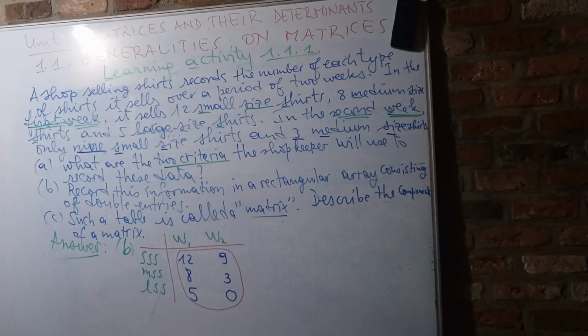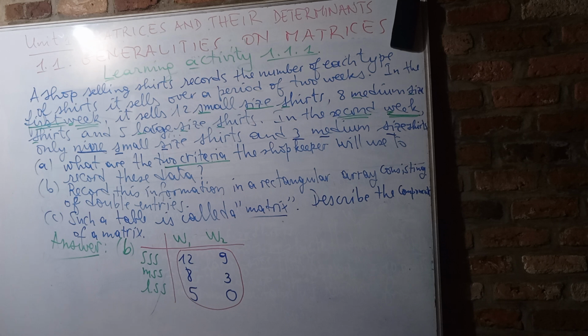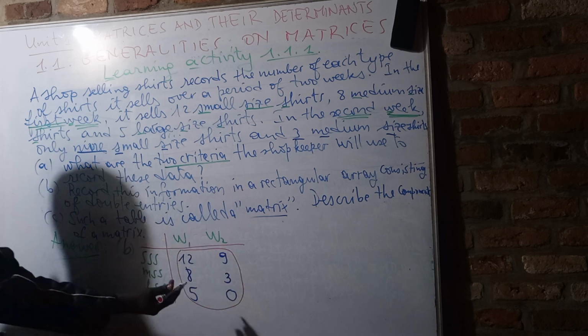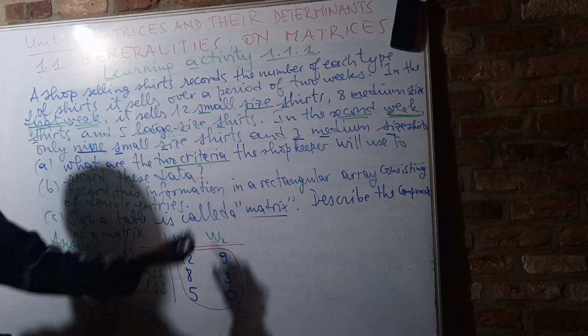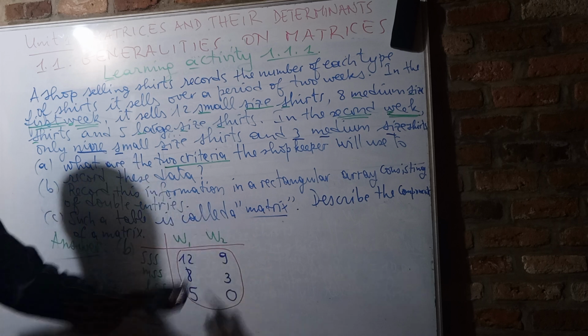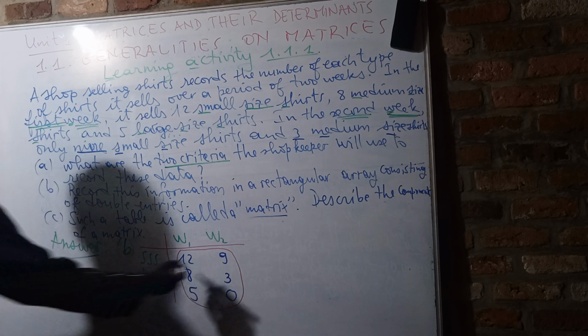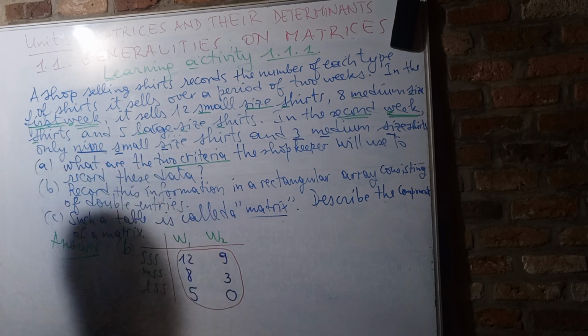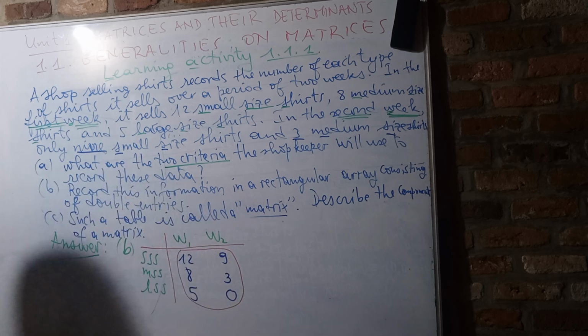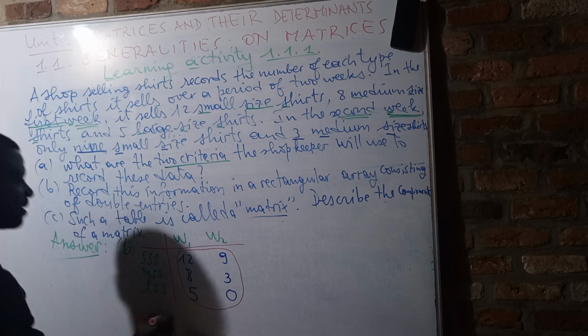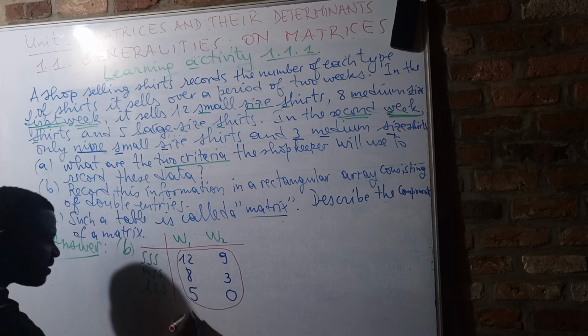Okay, now this result is what we call this array of data in vertical orientation and horizontal orientation. Such a result is called a matrix. This is a matrix.